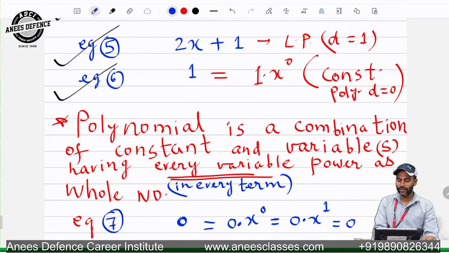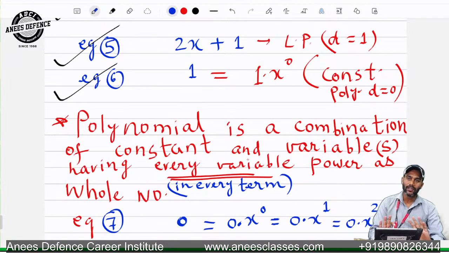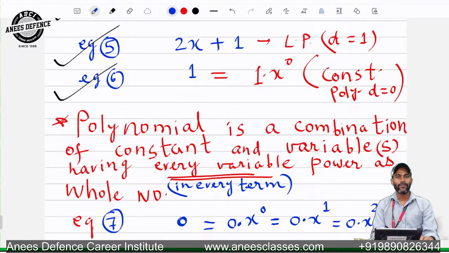Similarly, I can say 0 into x to the power 2, you have to say quadratic. That is why degree is not unique. So we can say degree is not defined, but we can write it in terms of a combination of constant and variable. That is why it is a polynomial, but degree is not defined. So 0 is the only polynomial of which degree is not defined.